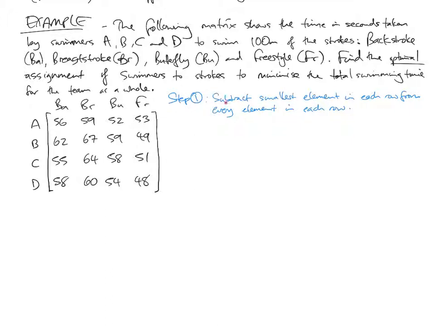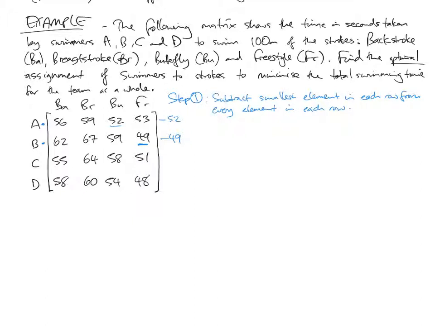So step 1, subtract the smallest element in each row from every element in that row. Looking at row A, 52 is the smallest, so I'm going to take 52 from each element there. Row B, the smallest element is 49, so I'm going to minus 49 from each element in that row.